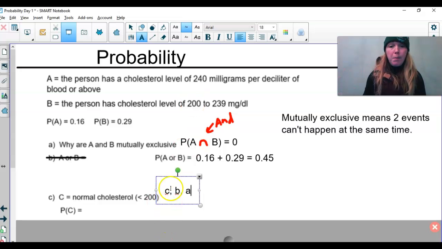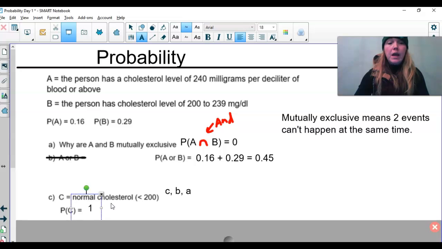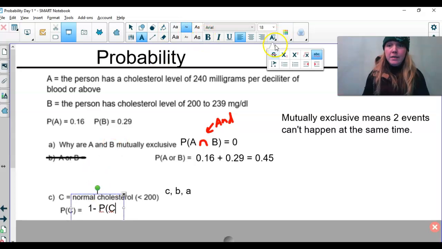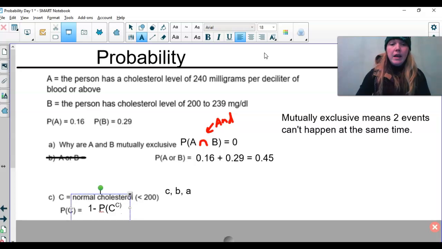I want to know what's the probability of C. Well, I can use the complement rule. I can say, let's take 1 minus the probability that they are not less than 200, and that is the complement.